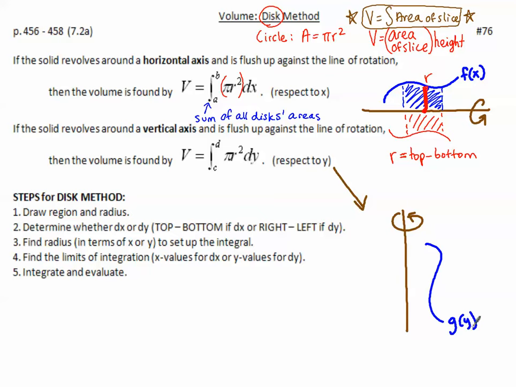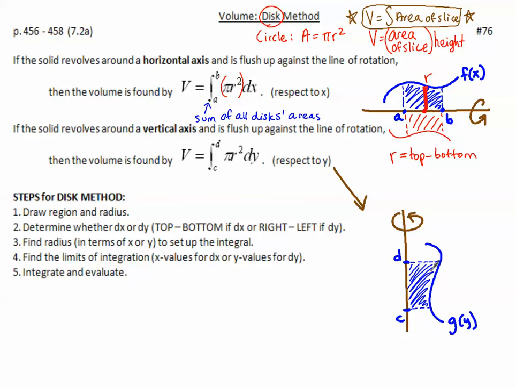Oh, and I should have labeled up here the x value a to the x value b because that was in our integral. So we'll label here the y values c and d. So from the y value c to the y value d, we will section off that region that we want to rotate. There it is, shaded nicely.